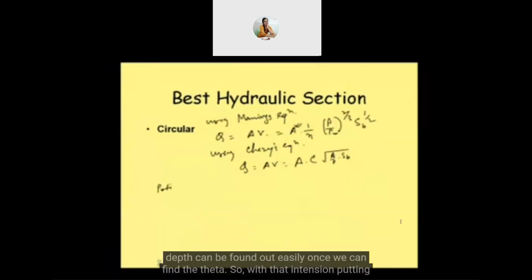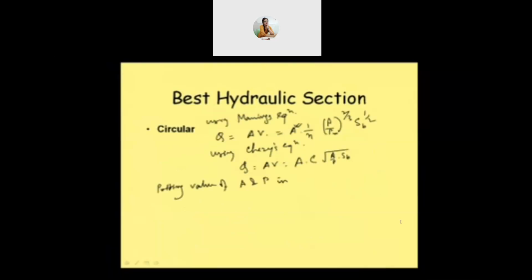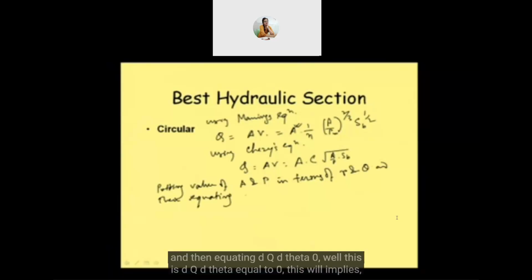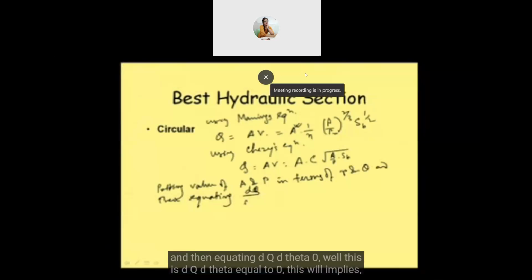So with that intention, putting the values of A and P in terms of r and theta, we can get Q, and then equating dQ d theta equal to 0.